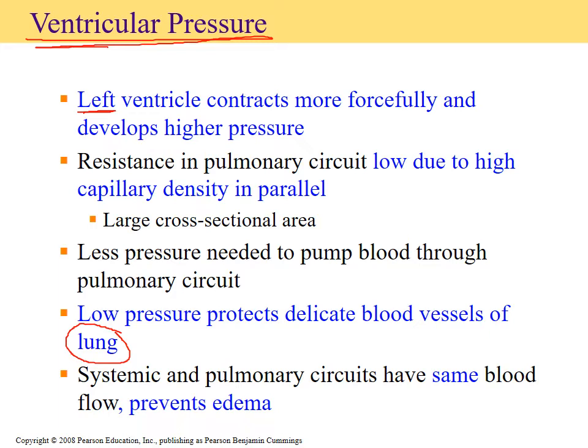As you can see from the final statement on the slide, the circuits will have the same blood flow. So if there's 200 mLs on the left, there's 200 mLs on the right. Everything has to stay the same because if you make it imbalanced, you get edema. So for instance, let's say a patient comes in whose pulmonary circuit isn't functioning properly.